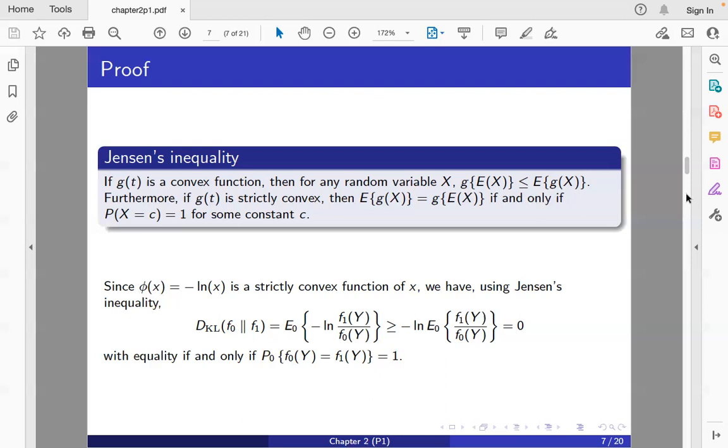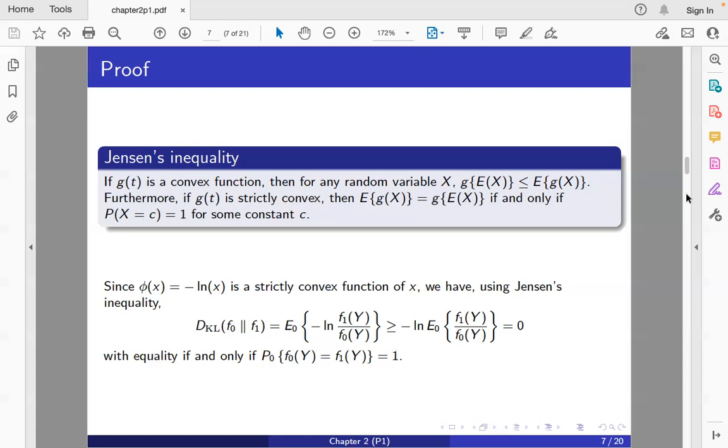From here, you have this point, from here, you have this point. So average. You can see this one is lower than this one. That is what Jensen's inequality is saying. The average of the 2 points in G is greater than or equal to G of the average. Okay. So that is Jensen's inequality.